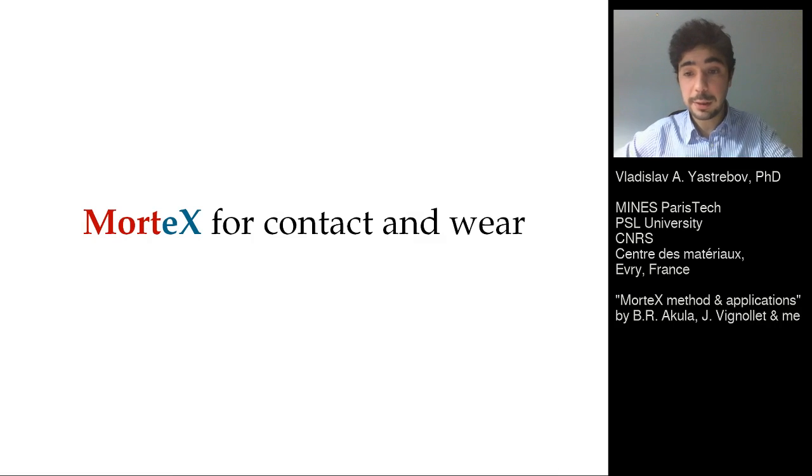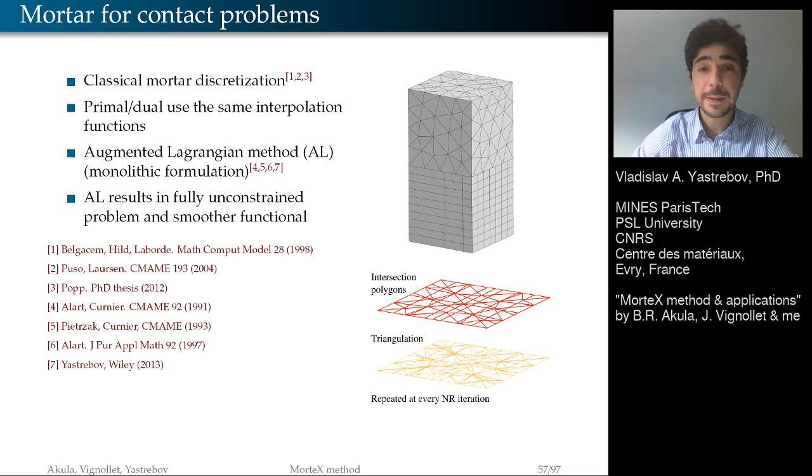Okay, now let me show you some examples for MorteX for contact applications, for contact and wear. Just to say a few words about the Mortar method. It's the state-of-the-art method which allows you to recover very accurate contact fractions, normal and tangential, in the contact interface.